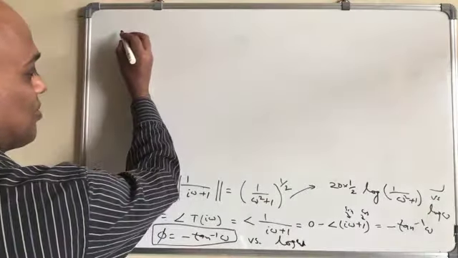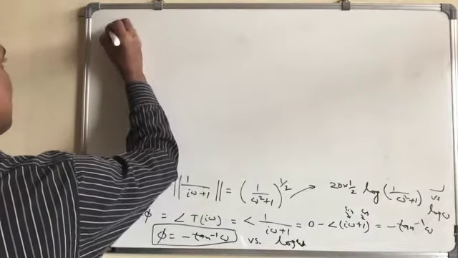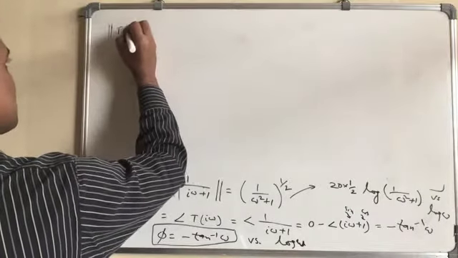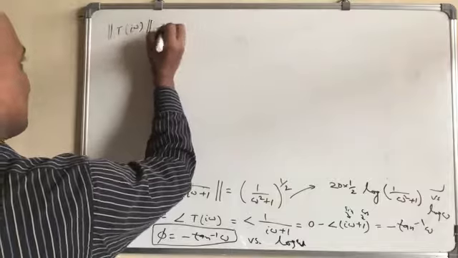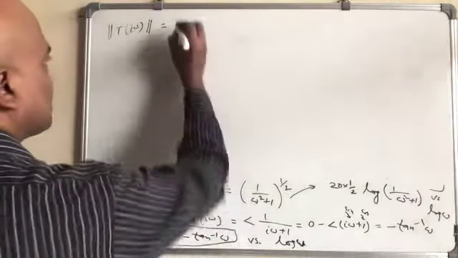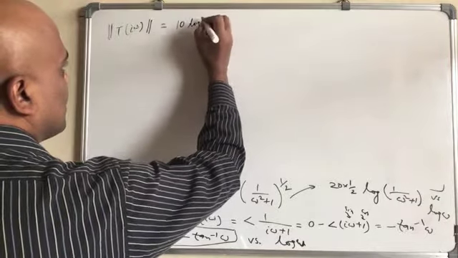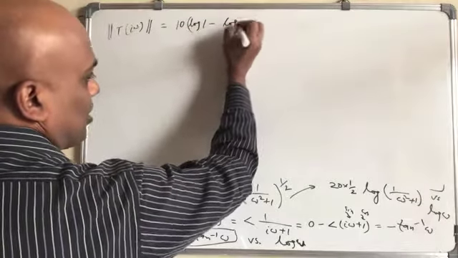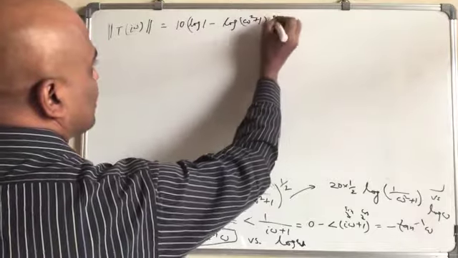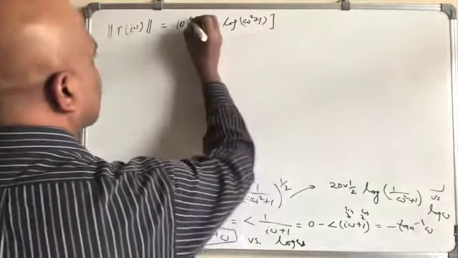So how we are going to plot? This will be T I omega, magnitude of that, which will be equal to simply 10 log 1 minus log omega square plus 1, right?